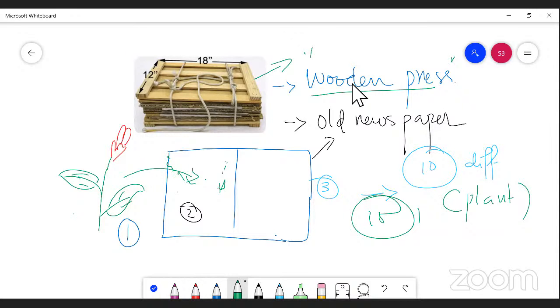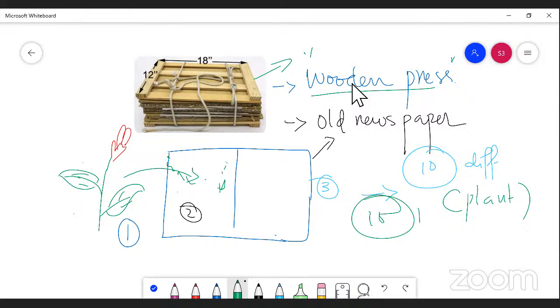The next day, when we transfer these pressed plant materials to another newspaper, what will happen? The plant material which was fixed with the help of water on the newspaper is prevented from sticking.